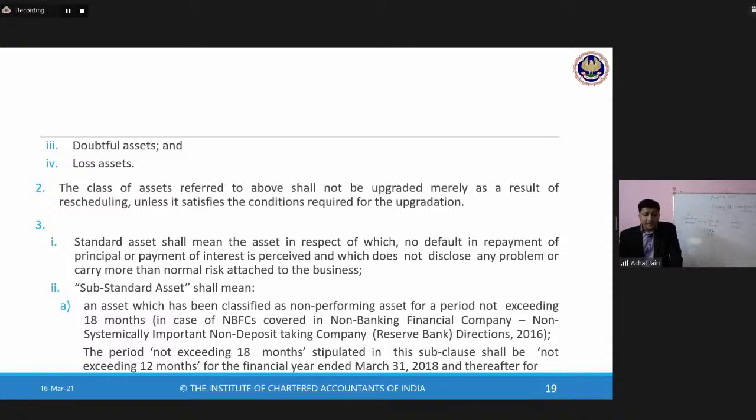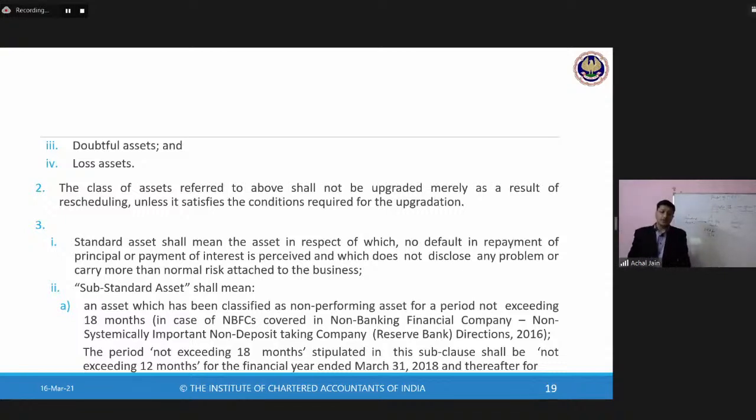In case of NBFCs which are systemically important non-deposit taking, this period of 18 months shall be 12 months, where the NBFCs are systemically important non-deposit taking and deposit taking. So this criteria is for whom?